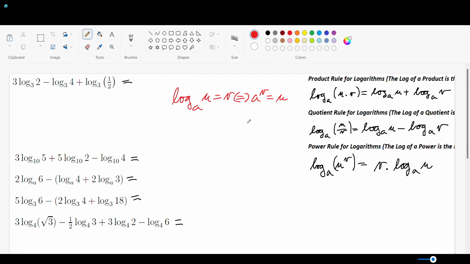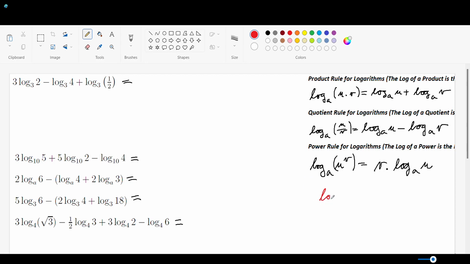This is also a rule we want to keep in mind when finding the values of the expressions, or later on when I show you how to rewrite an expression as a single logarithm.